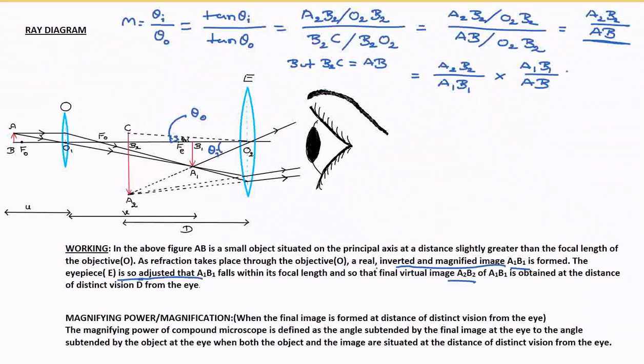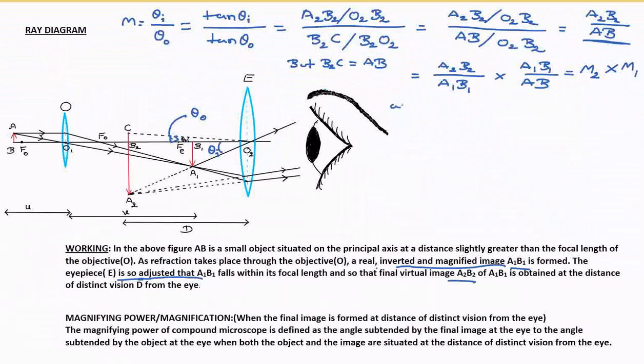So this is the magnification produced by the eyepiece. Let us write it as M2 into, here A1B1 divided by AB is the magnification produced by the objective lens, because for objective AB is the object and A1B1 is the image size. So A1B1 divided by AB is the magnification produced by objective. So let us write as M1.